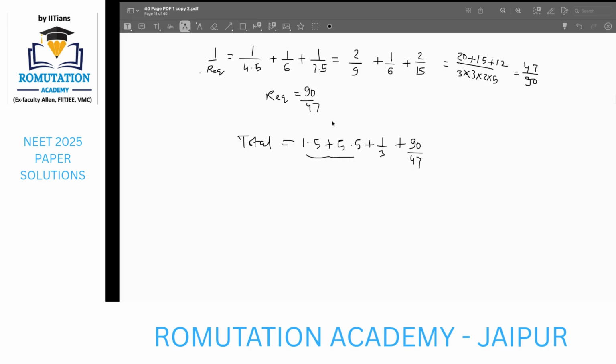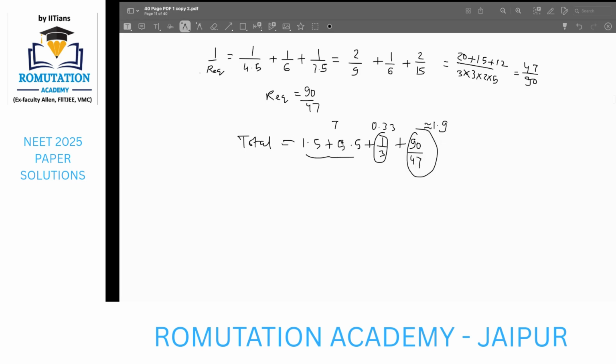So I think this turns out to be 7, and if I roughly add it, this is 0.33, and 90 by 47 I can approximate to somewhere around 1.9, because the exact second multiple of 47 will give me 94, so 94 gives you 2, and 4 less than that gives somewhere around 1.9 approximately.